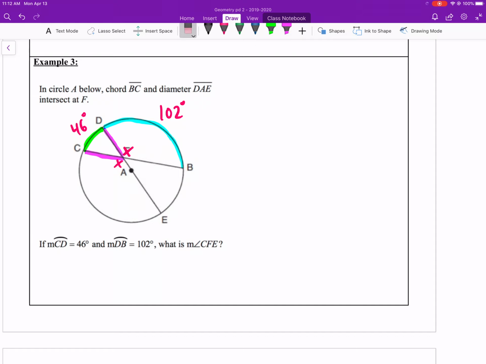Alright, so what we really need here is this arc over here to complete the problem, because it would be CE and 102 are the 2 intercepted arcs. Alright, I'm going to erase this, but we need that arc and that arc there. Those are the 2 intercepted arcs for the angles that they're asking us to find on the interior there. Alright, now we don't have arc CE, but how could we find it?